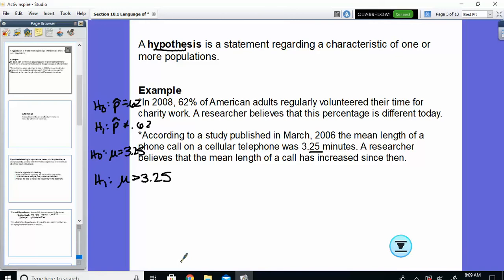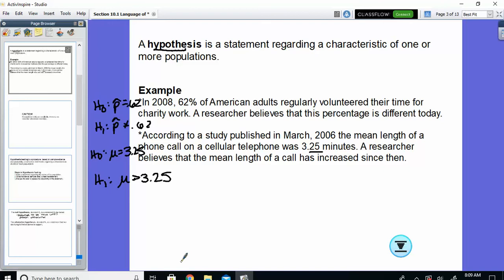So we have our baseline, our null hypothesis, which in pretty much all of our examples is just going to be some parameter equals a number. So whether it's a proportion, a p, a mean, a standard deviation, we're going to assume something is equal to a number. Then our alternative will be either it's not equal to, it's less than, or it's greater than.